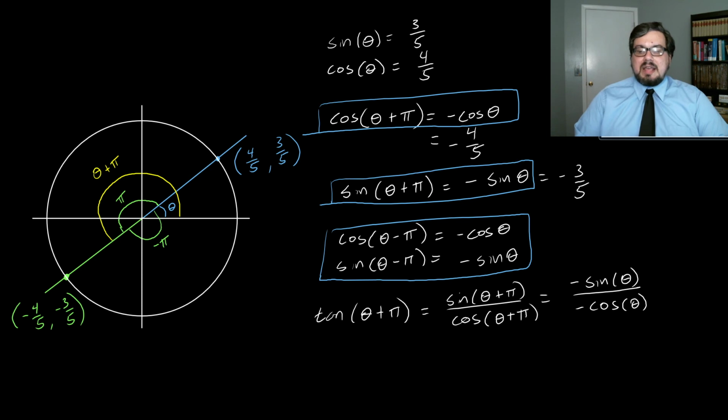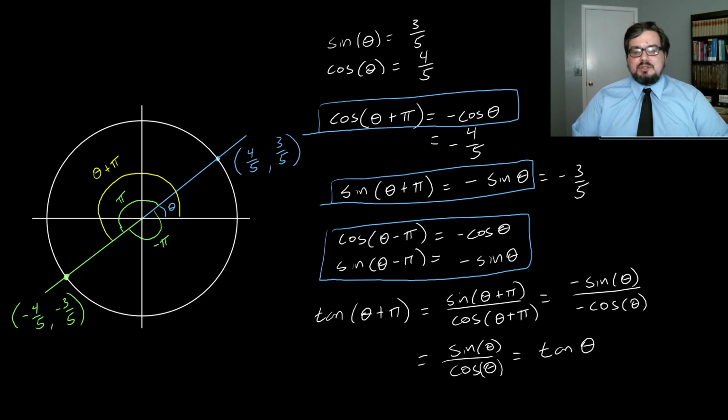But the negatives now cancel because we've got one on the top and one on the bottom. And so we get that this is just sine of theta over cosine of theta, which is tangent of theta. So we get that tangent doesn't change when you add pi to the argument here. So tangent of theta plus pi is equal to tangent of theta.